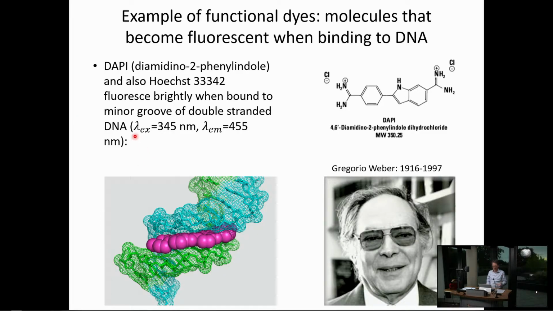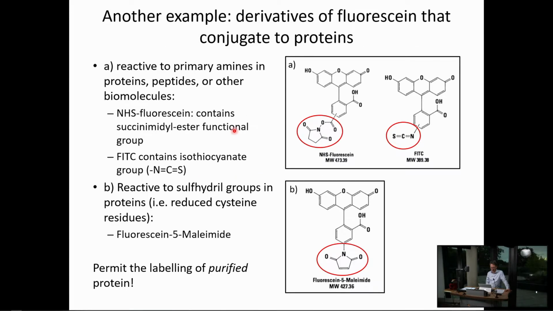And so this dye, DAPI, has an excitation maximum of 345 nanometers and an emission maximum of 455 nanometers, and it's used a lot to denote the nuclear region of a cell where there is, of course, a lot of DNA, and so you would get the strongest signal from that region.